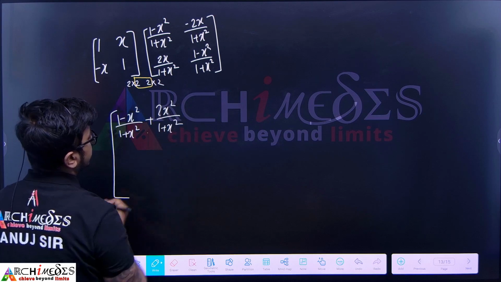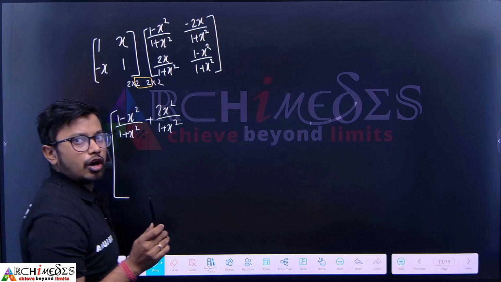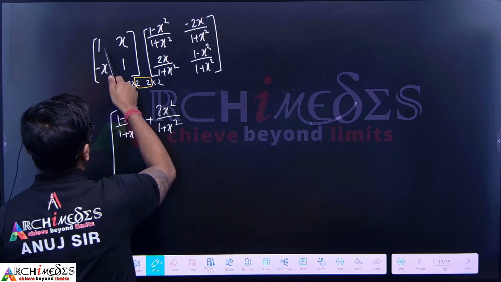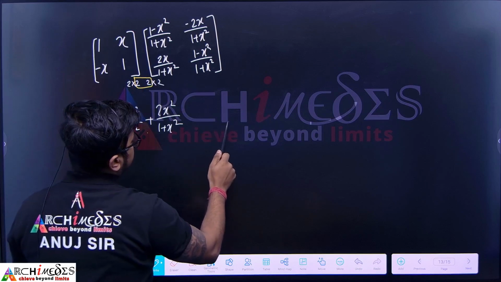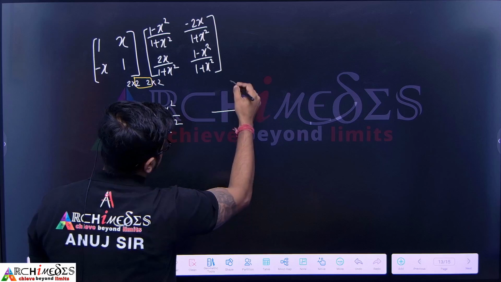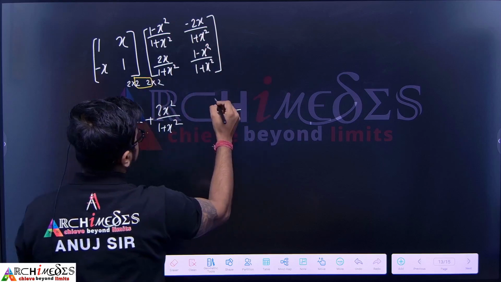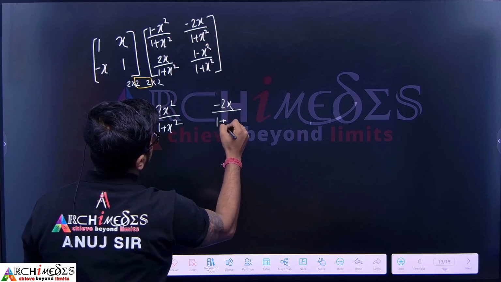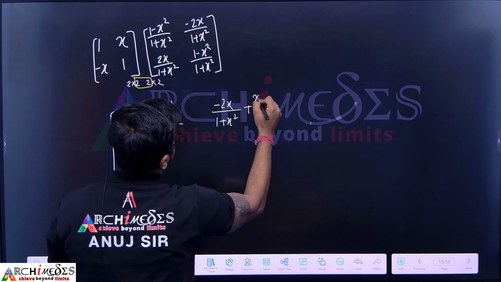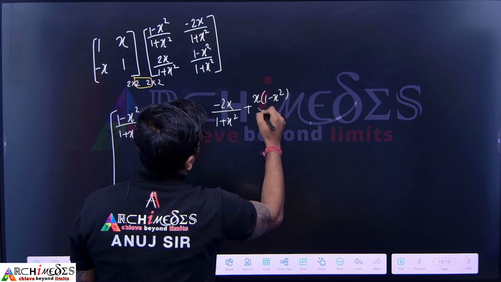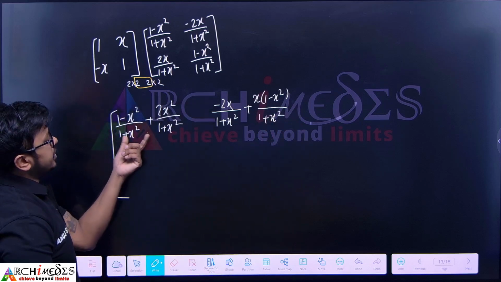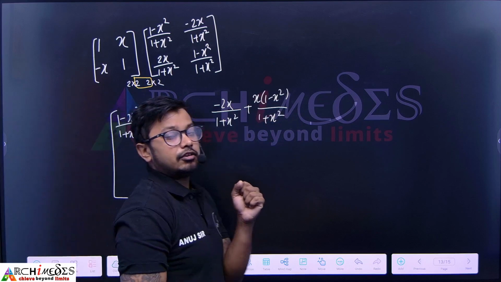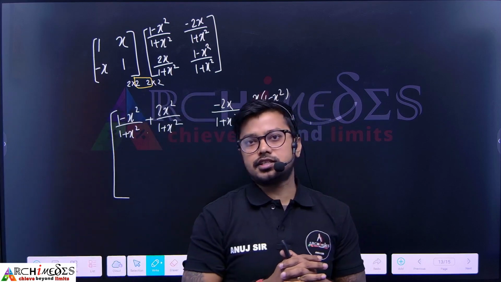These are the first element. I hope you all know how to do multiplication; we have already discussed it in the previous class. For the second row, first column: minus 2x by 1 plus x square, plus x into 1 minus x square by 1 plus x square. So in every case you are finding the denominator the same, every time you are getting 1 plus x square. Because why?